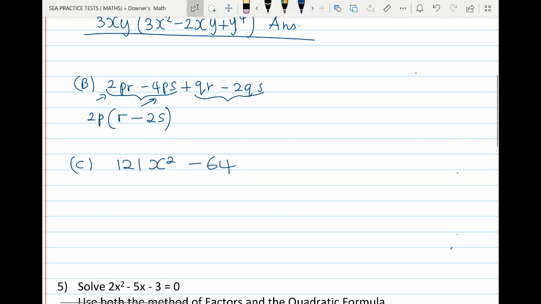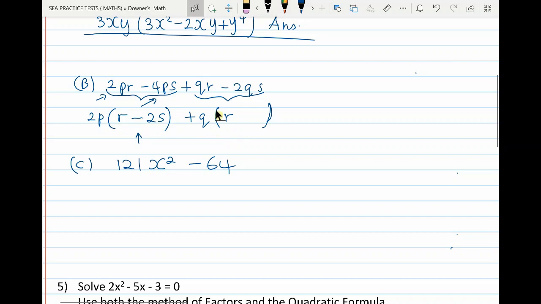Right? And again, we can take out the factor plus q, or we can take out minus q, but we are choosing to take out plus q because when we take out plus q, what is going to be left in the bracket is going to be exactly like what is in this bracket here. Because if I take out q from qr, I'll get r here, so I'll write it in.